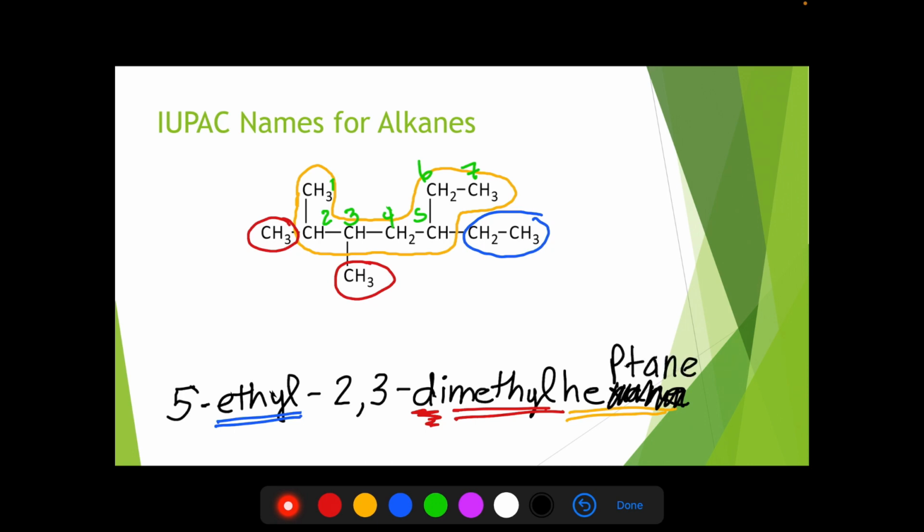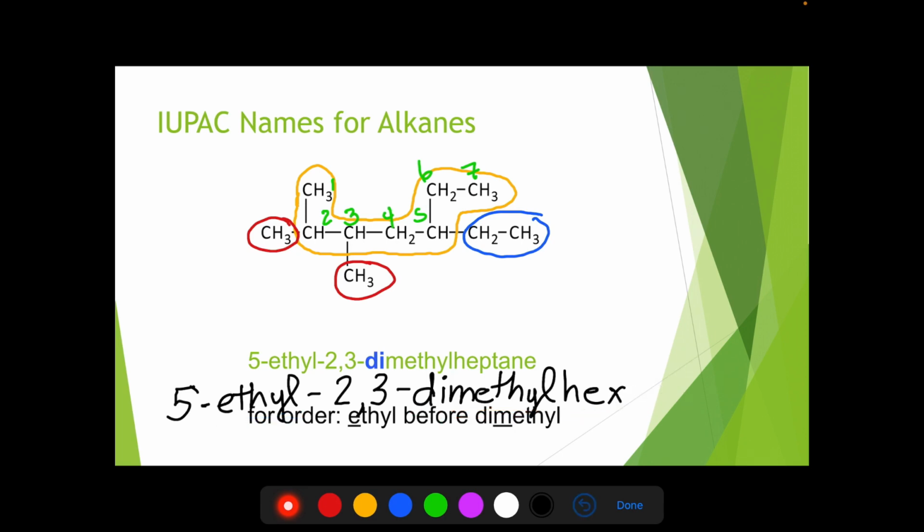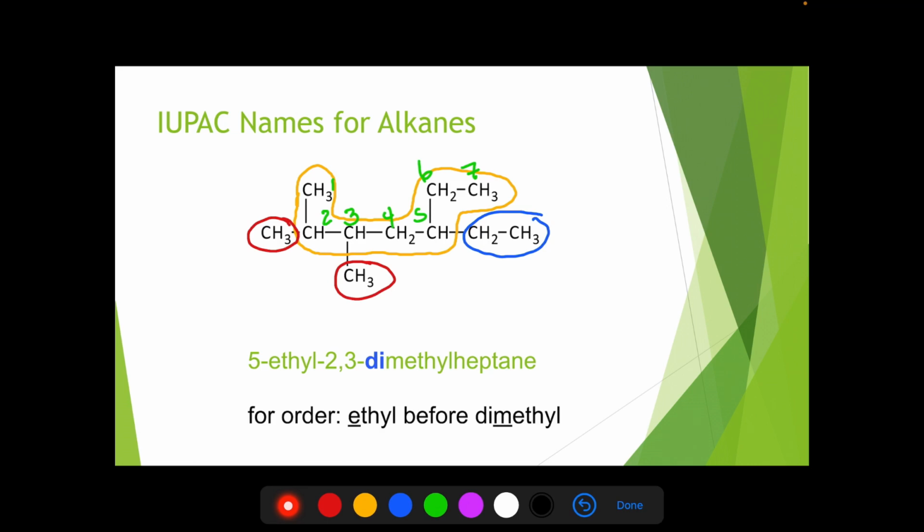There are 7. So I'm sorry that I got that one wrong. So 5-ethyl, 2,3-dimethyl heptane. Even though you would think it was reverse, we still want the E to come before the M when we're naming it like this.